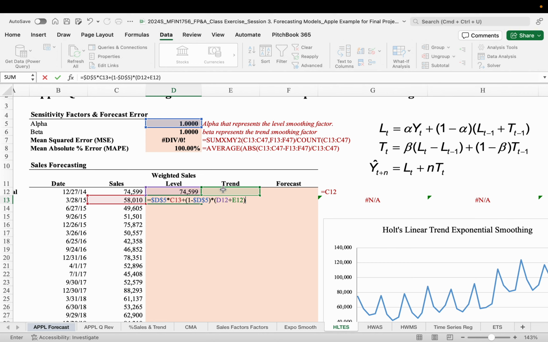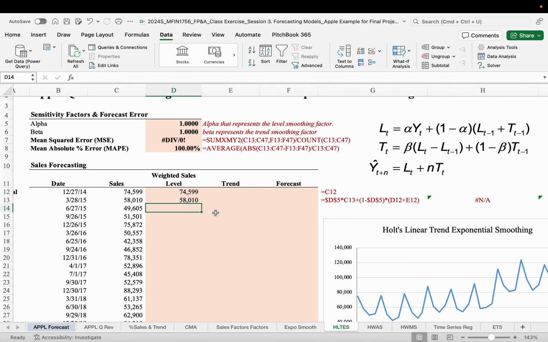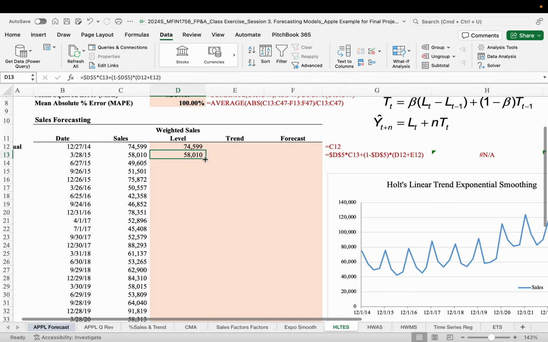We'll calculate the trend later, but anyway, we use this formula.